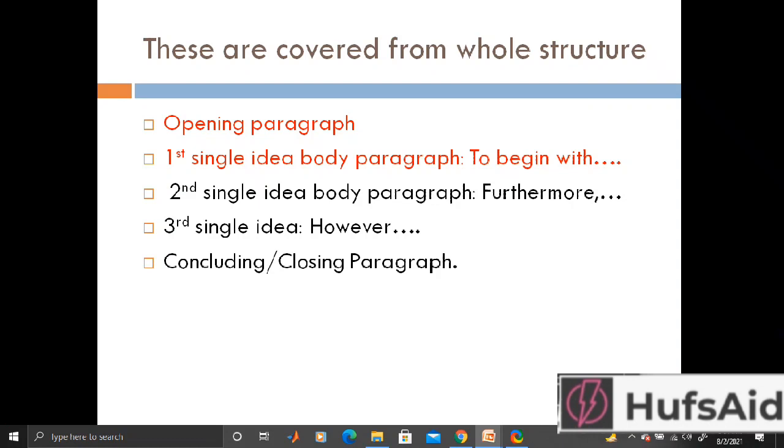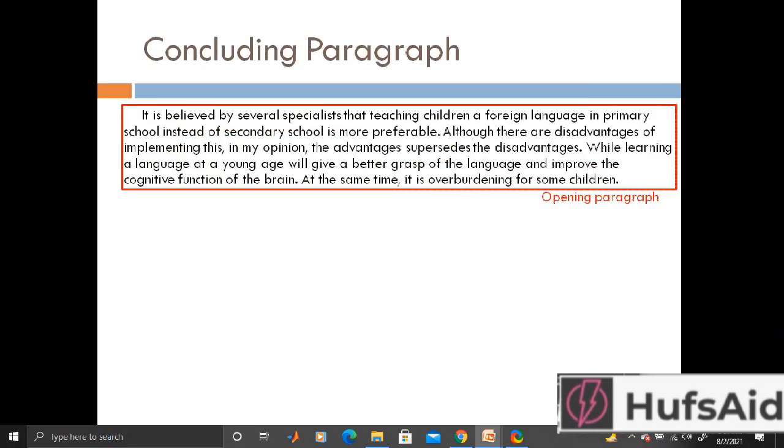Now let's have a look at the concluding or closing paragraph. So the easiest trick for writing a concluding paragraph is to just paraphrase the opening paragraph.